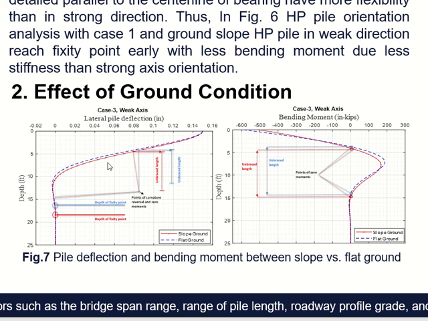The line in red color represents the slope ground and the blue represents the flat ground. With slope ground condition, the pile has 2.2 feet of increased depth of fixity than flat ground. However, it slightly reduces the maximum moment of piles in slope ground.